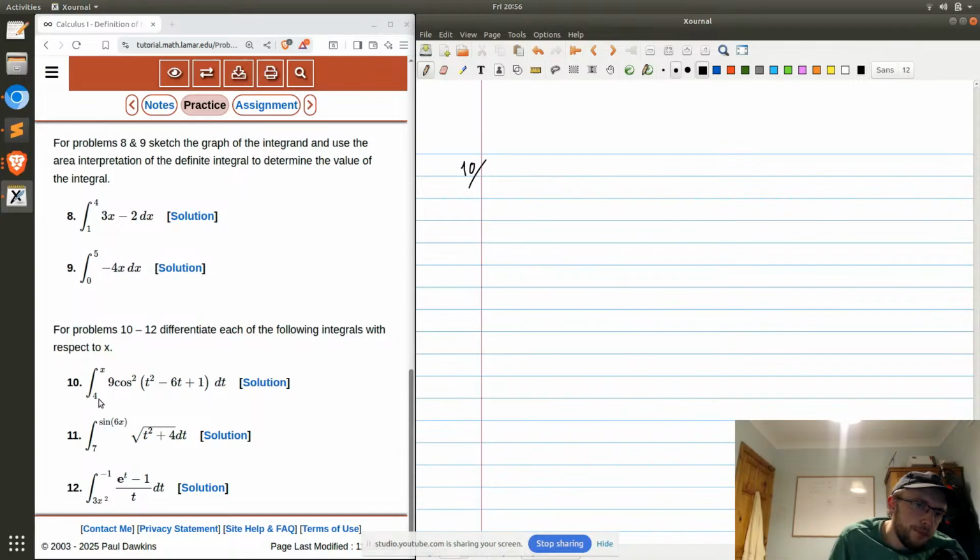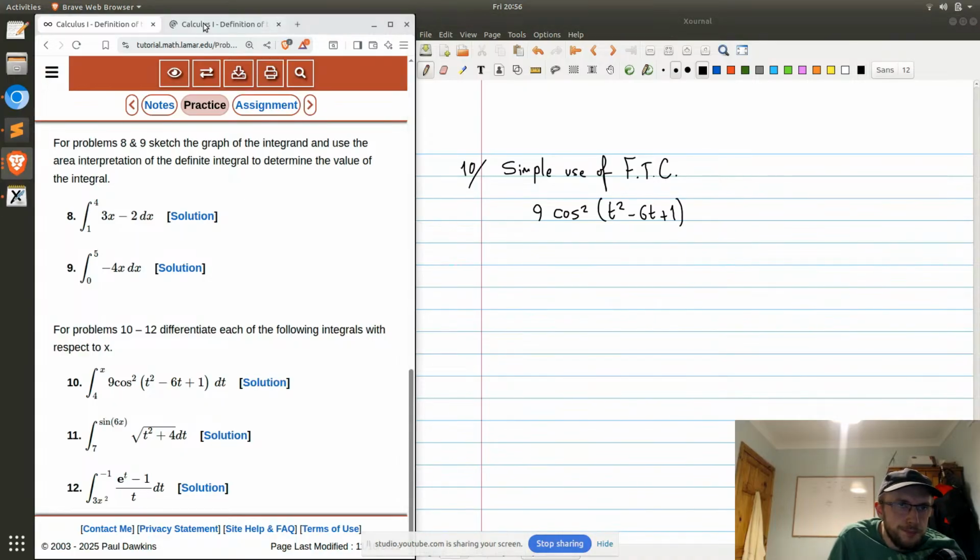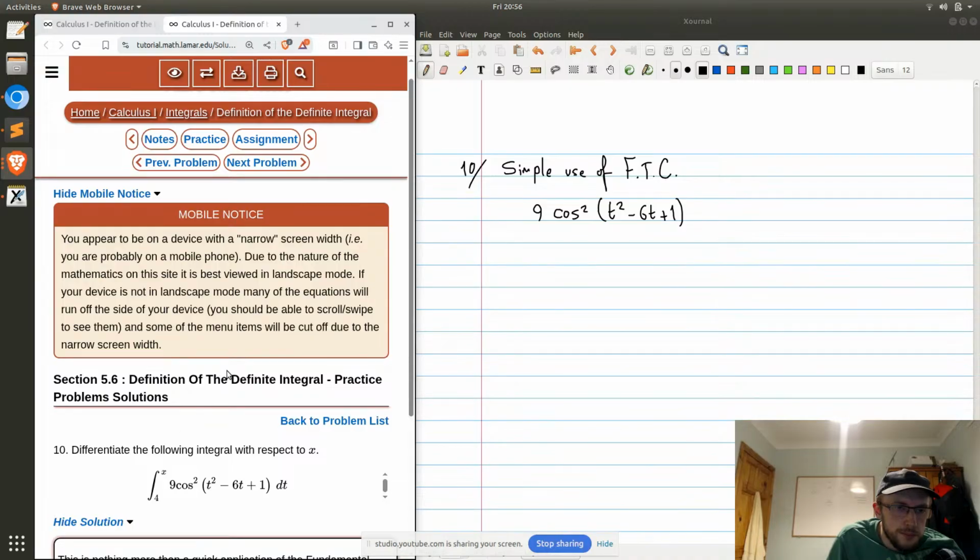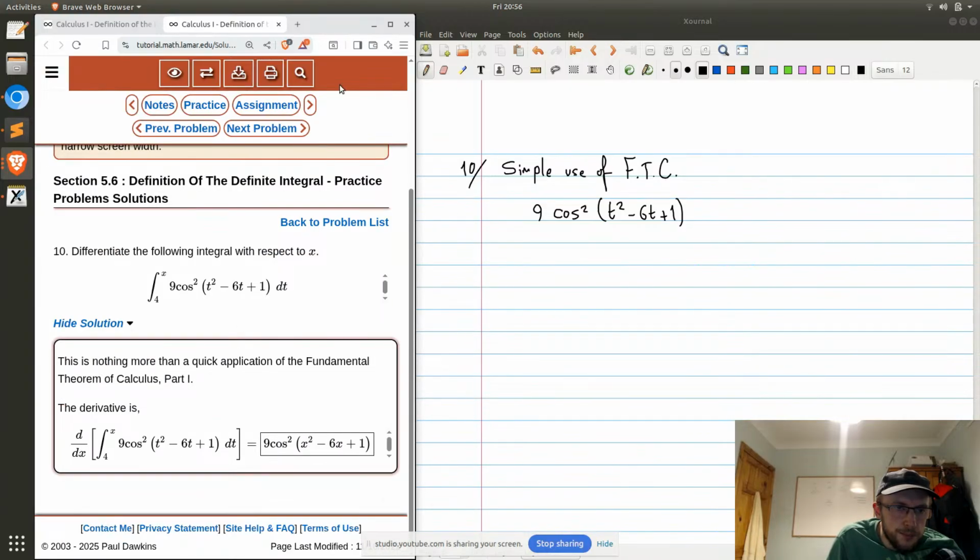So, in this case, the lower limit is a constant and the upper limit is a variable anyway, so it seems okay. So right? Yeah.